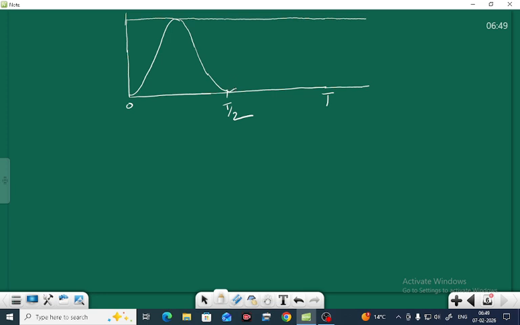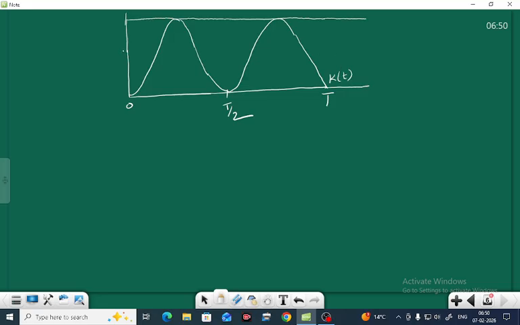And again it will be maximum, and at t it will be minimum. This is t, right? And this, you see here, is the kinetic energy, right?